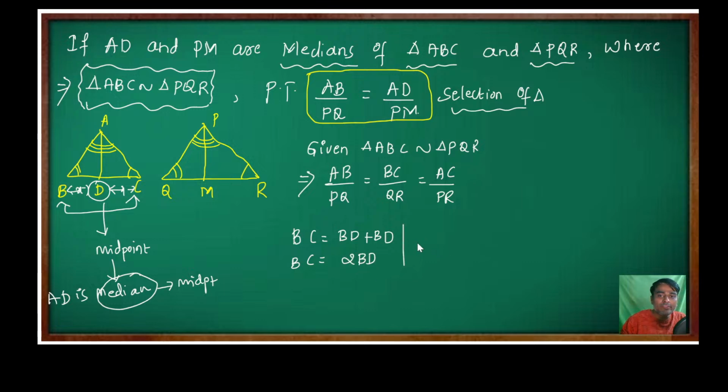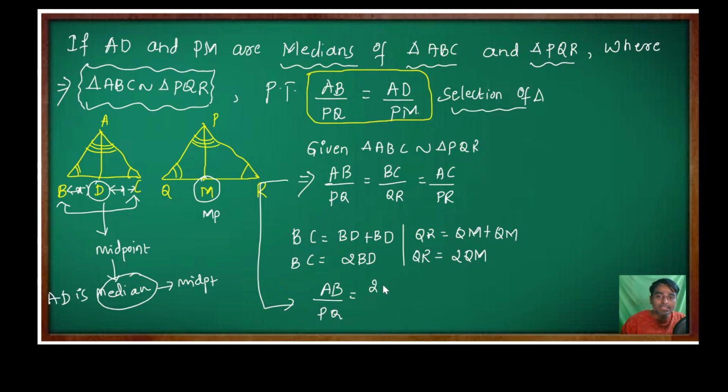In the same way I will write QR equal to, now this M is the midpoint, so can I write QM plus QM, because the distance will be the same anyway. This will become 2QM. Now I will substitute in this. AB by PQ as it is.